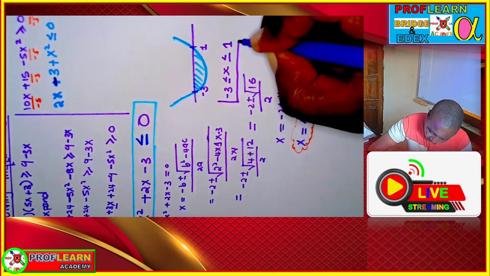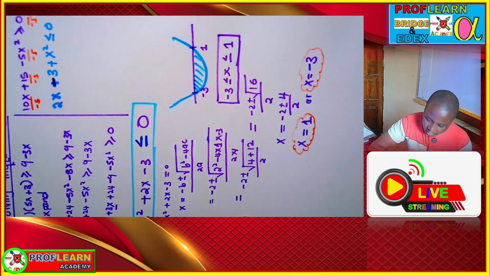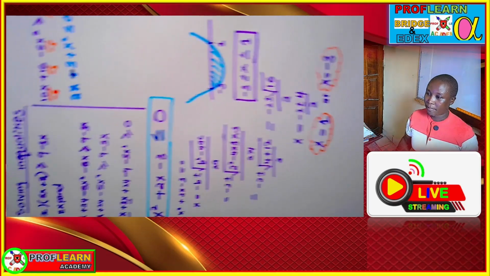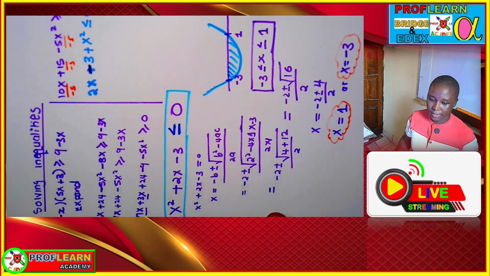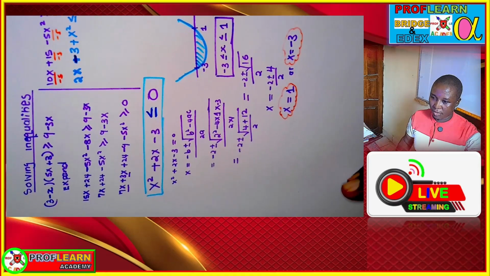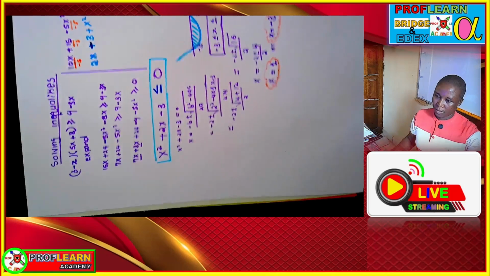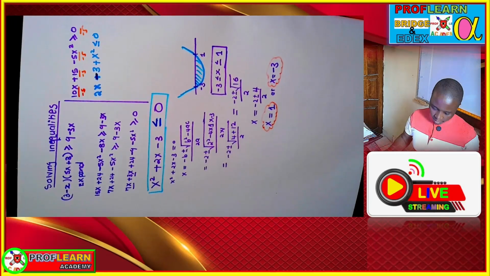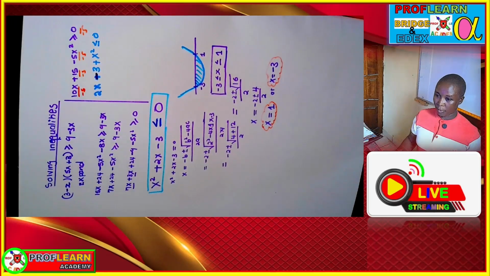So this becomes now the final answer that you are supposed to write in order for you to earn the marks as far as this question is concerned. So this is exactly what you are supposed to do for this question to do with inequalities.